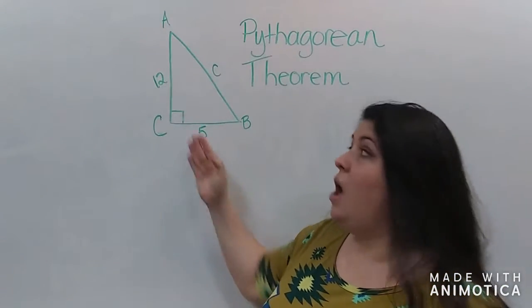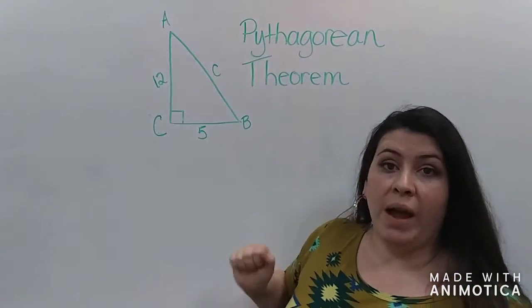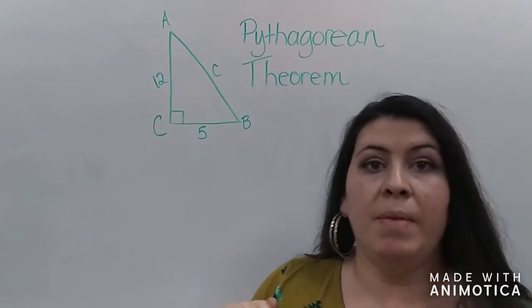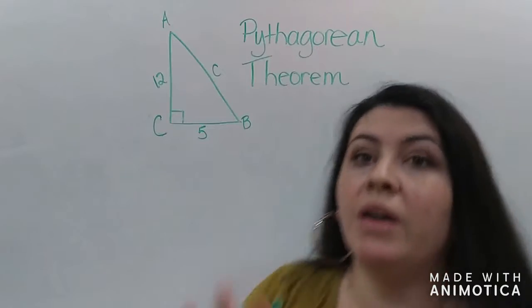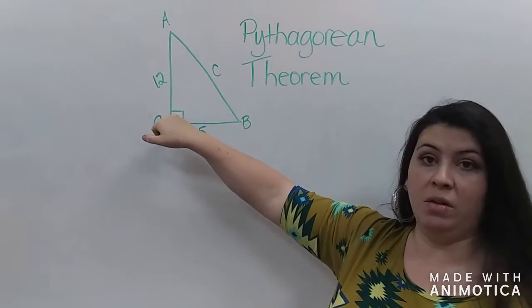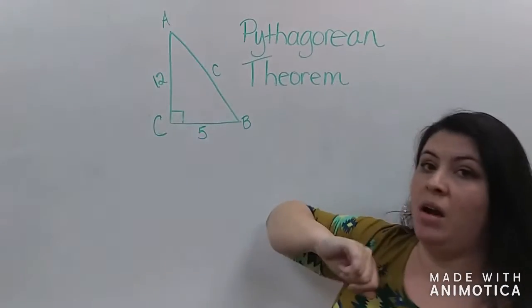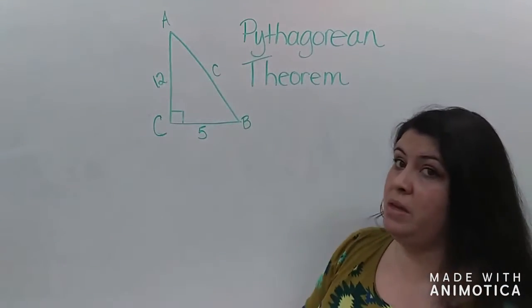Now let's find all three sides of our right triangle using the Pythagorean theorem. Most important, the Pythagorean theorem only works for right triangles where sides A and B are present, with C always being the hypotenuse.